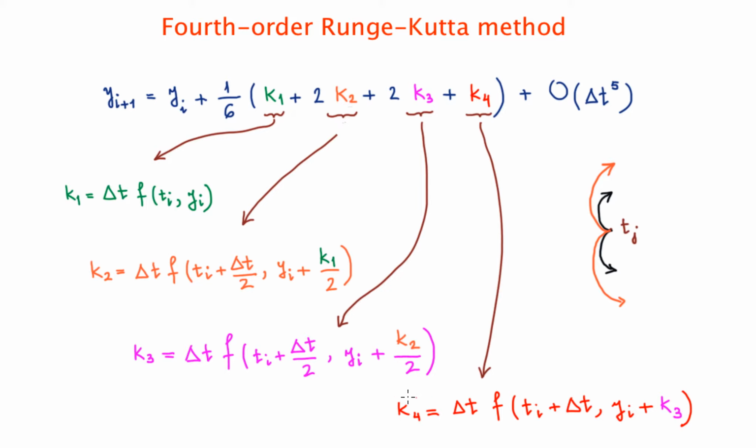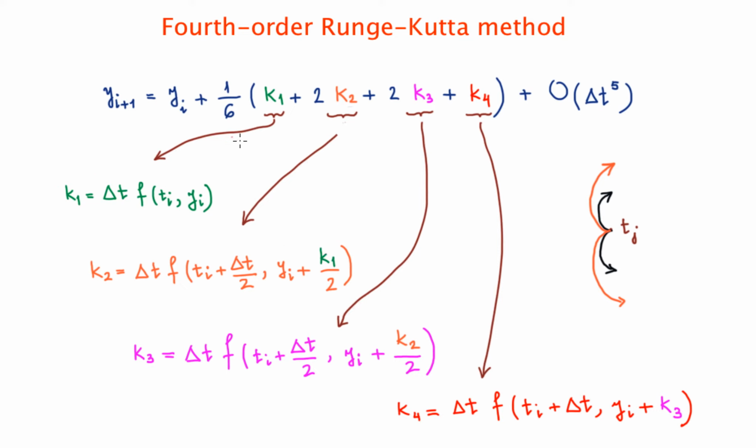For example, this is the k4, that's one of the functions, which is actually this one. As you can see, it also depends on k3, which is defined here, which also depends on the k2 function, which is defined here, which also depends on the k1 function, which is defined here.